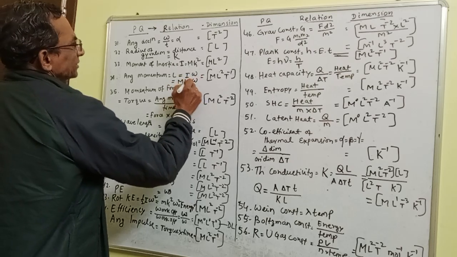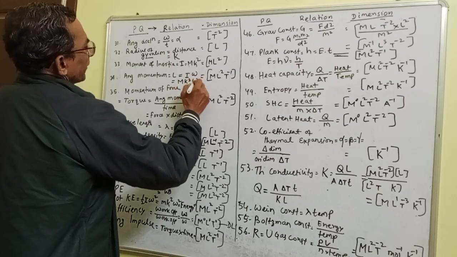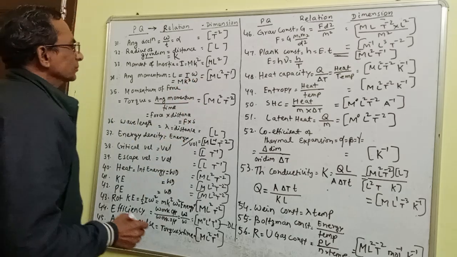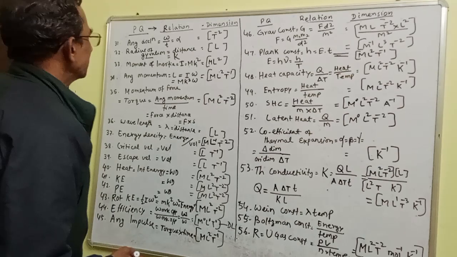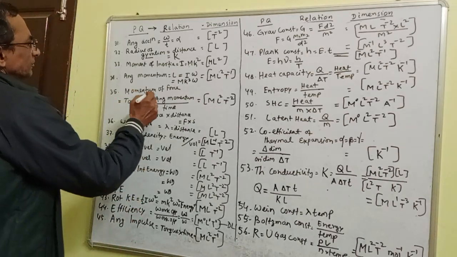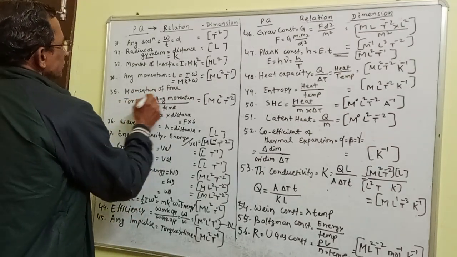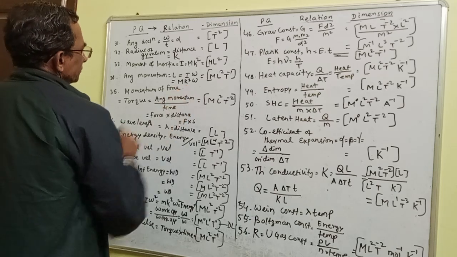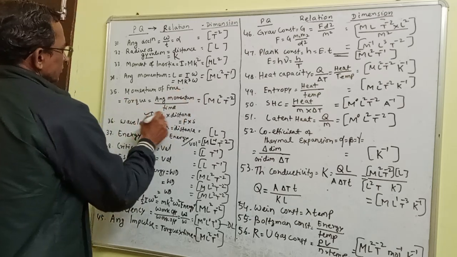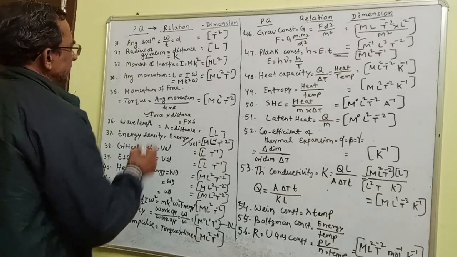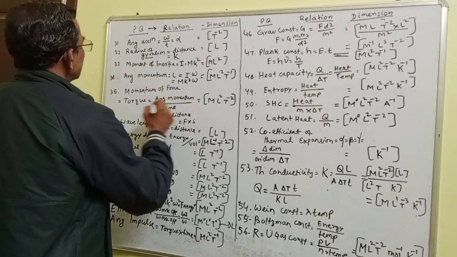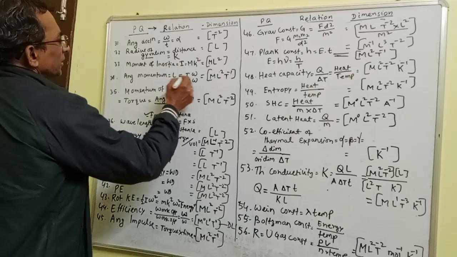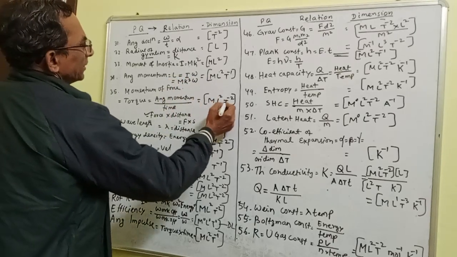So mass, length square, or T to the power minus 1. Torque is force into distance. It is angular momentum by time. Angular momentum is already taken, by time gives ML2T minus 2.